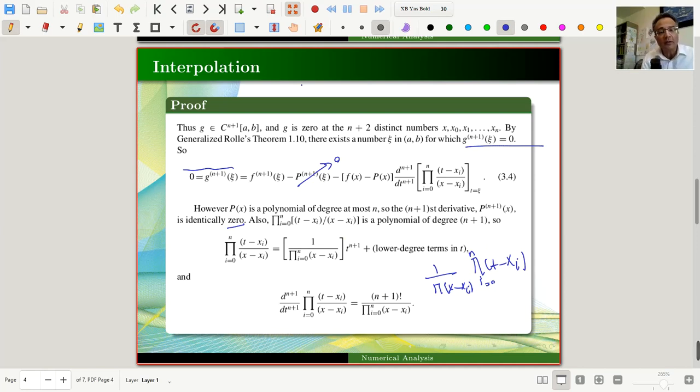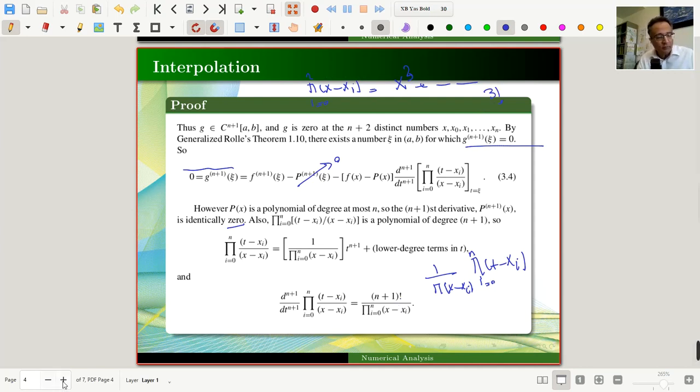Let me show you something. For example, if we have the product of (x minus xi), i equal to 0 to 2, here you will have x cubed plus x squared plus something. If you take the derivative of order n plus 1, you will get 3 factorial. In the same way, you can get n plus 1 factorial here.